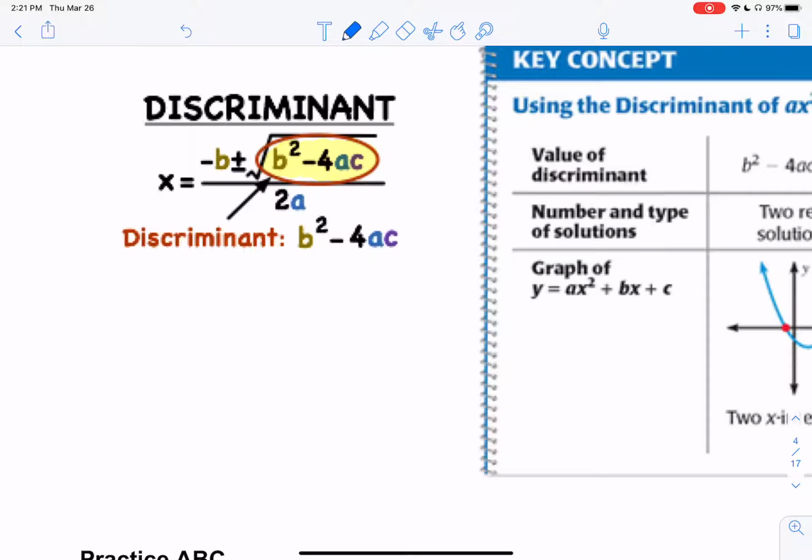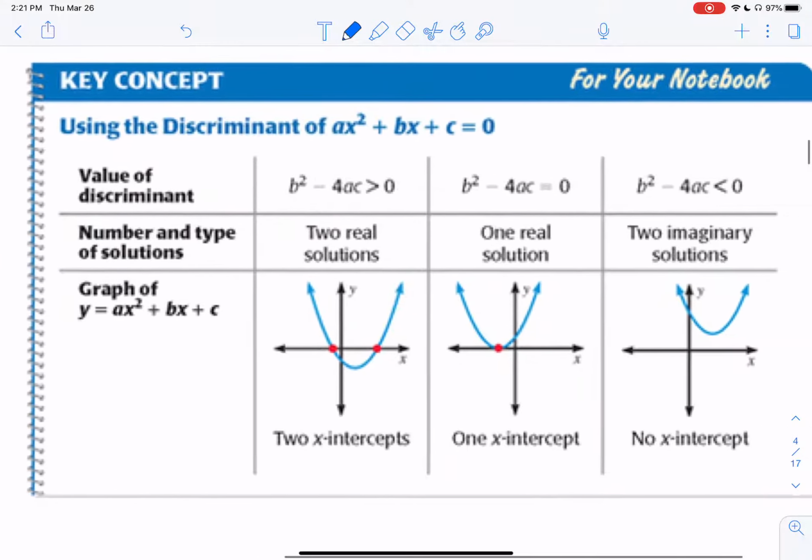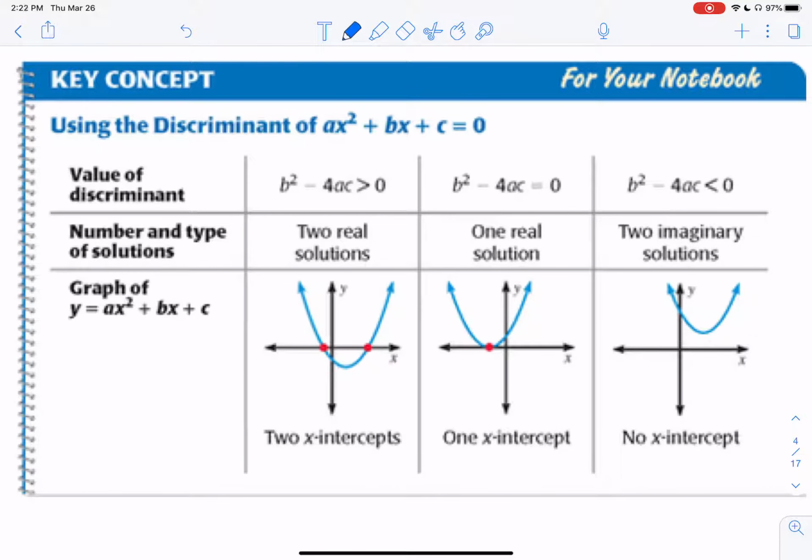The reason this is so special is it gives us some information about our parabola when we go to graph it. So we're going to come over here to the chart and find out that if we have a discriminant that is greater than 0, that means positive, then we end up with two intercepts, so two real solutions.